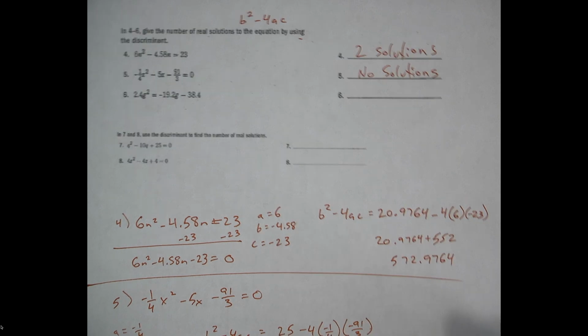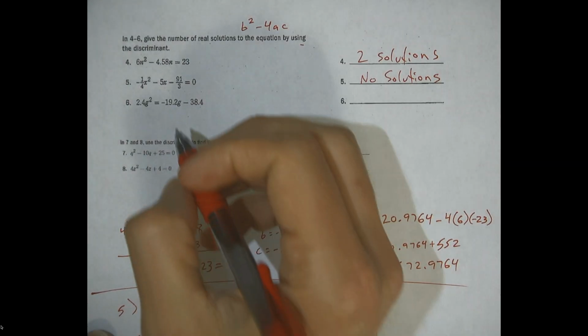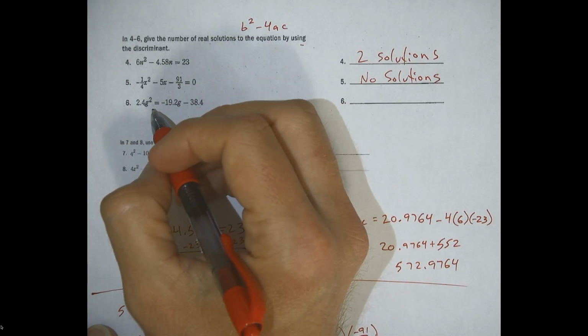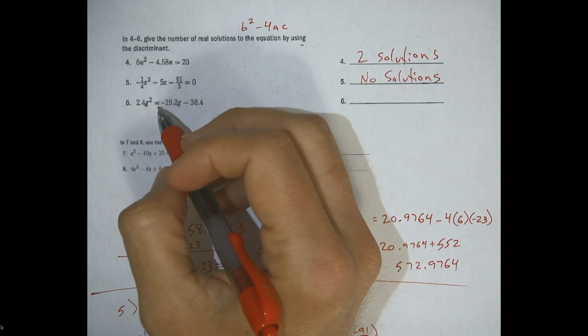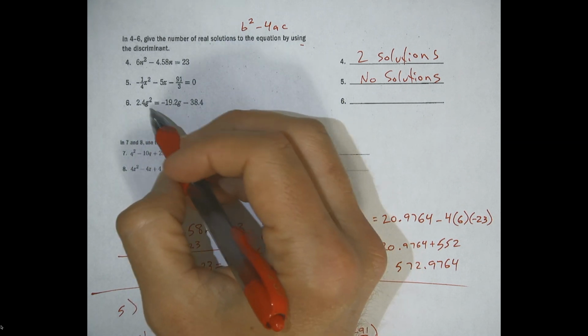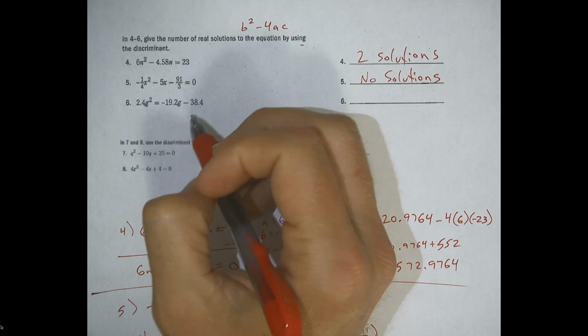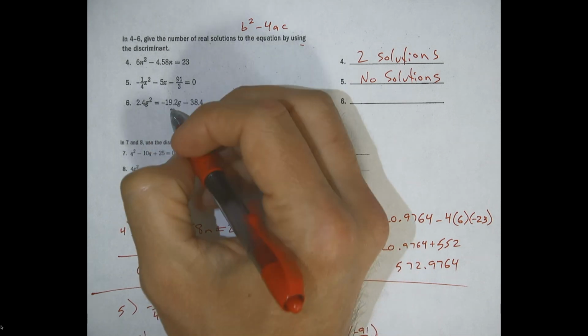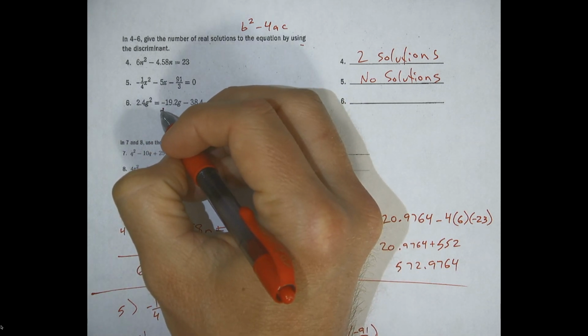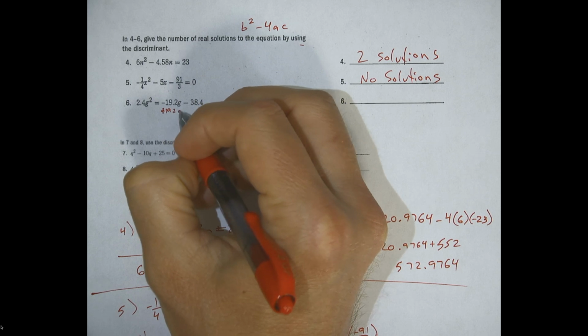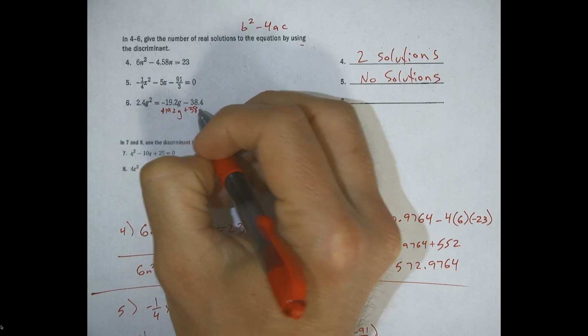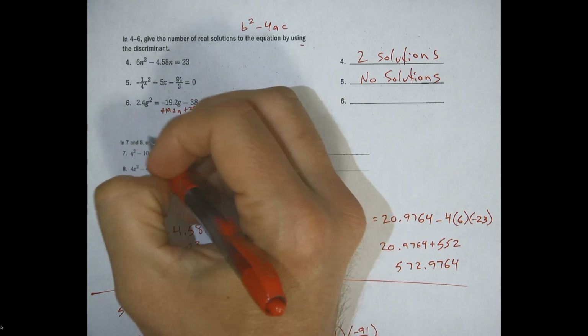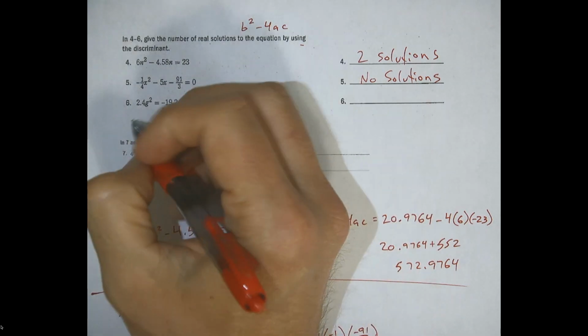Okay, number 6. For the sake of squeezing this in, we'll come up here. Now, on this one, you've got choices, right? We can move these all over here. We could move this one over here, but then we're going to have all negatives. So I want to get this in standard form by adding both of these to the other side. So I'm also going to add them over here.